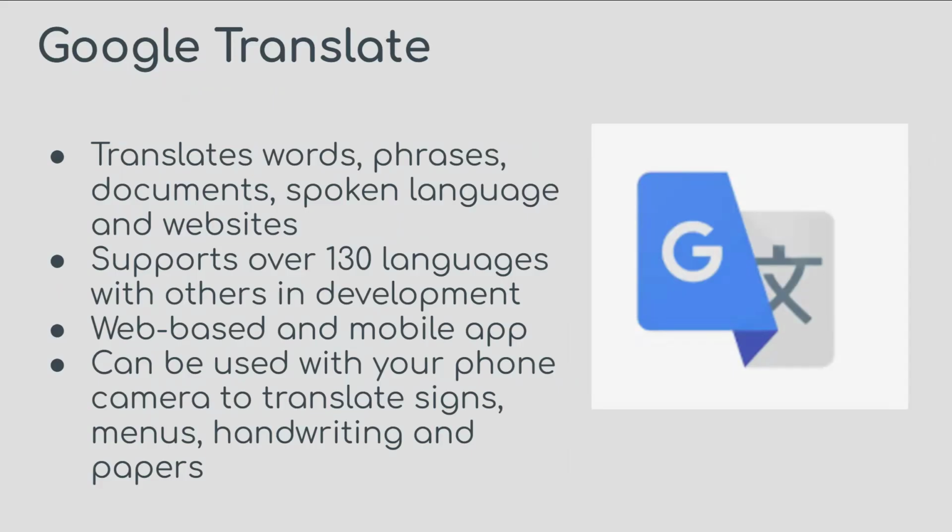It is both web-based, which means you can use it in an internet browser, and an app you can download for your mobile device. You can use your phone camera to translate signs, menus, handwriting, and papers, and it also has an audio feature, which allows you to speak directly to the app and have it speak back to you in a language of your choice.